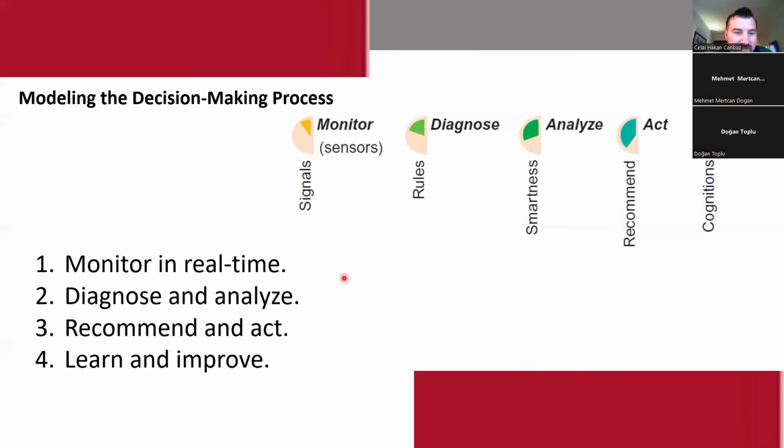Herein we have 4 different steps, as we mentioned. The diagnosis and analysis, I took in the same place. So first, you have to monitor in real time. The second one, diagnose and analyze. The third one, recommend and act, and learn and improve.